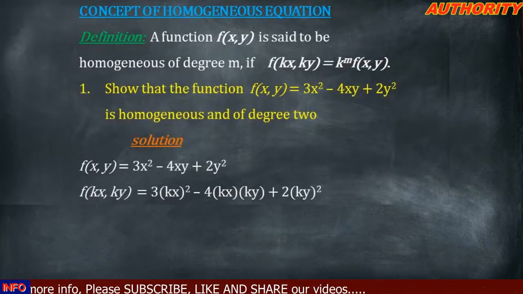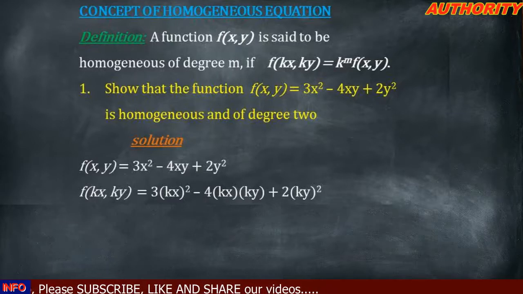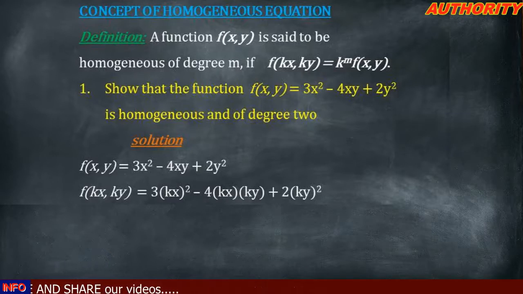And anywhere we see y, we're going to replace it with ky. That means we're going to have 3 times kx squared, minus 4 times kx, close the bracket, and then in place of y, we replace it with ky, in bracket. Then we have plus 2 times ky, squared.